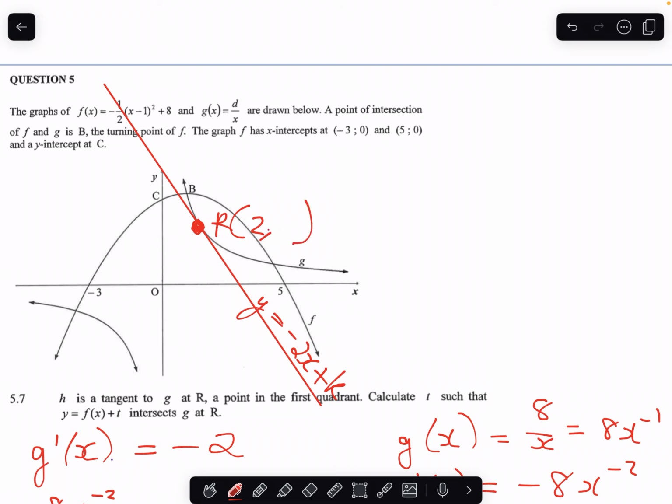Okay, and now I would like to figure out the y coordinate, right?